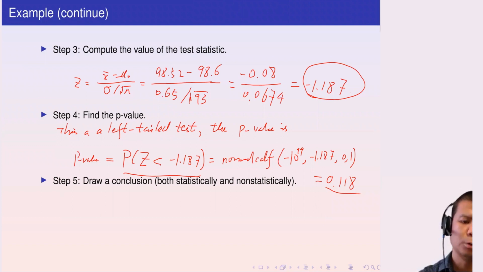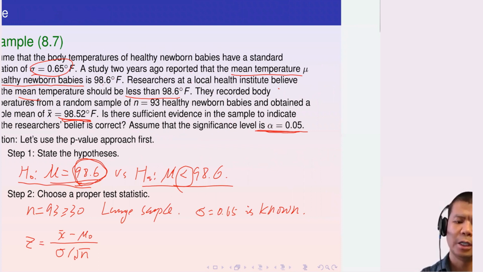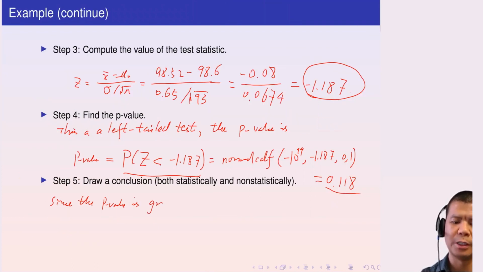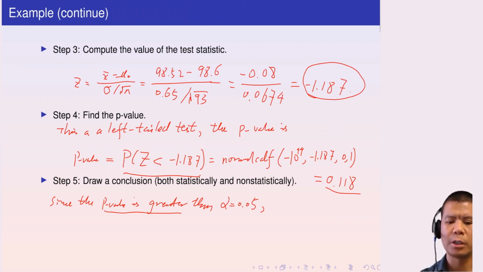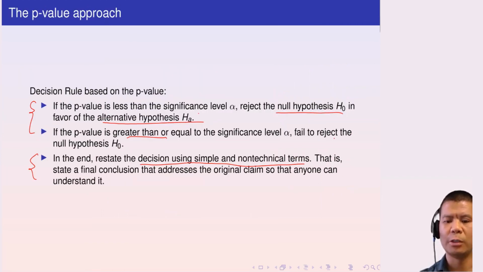Now if we draw a conclusion, the p-value is 0.118. The significance level is 0.05, and the p-value is greater than alpha, 0.05. Remember the decision rule: if it is greater than alpha, we fail to reject the null.